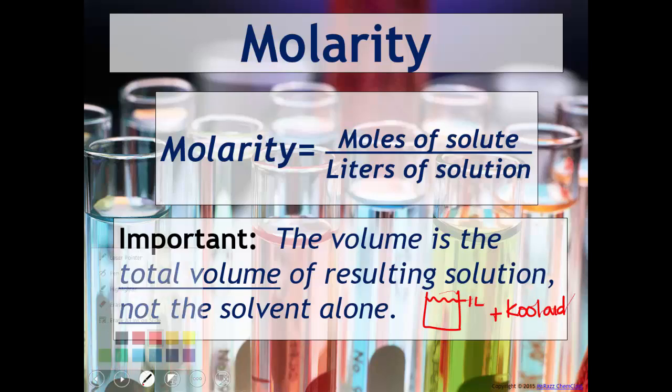Your water level is going to go up. Now, it's not going to go up by much. Maybe it ends up being like 1.1 liter, but it's still over the 1 liter that you started with. So it's important to note that if you want 1 liter of solution, that it's 1 liter with the liquid, but also with the stuff that you're putting in.